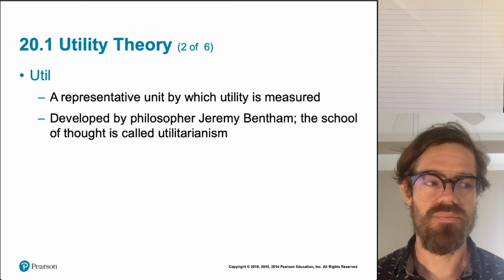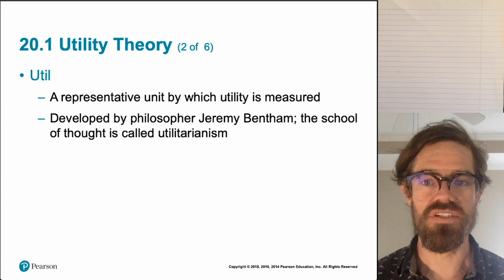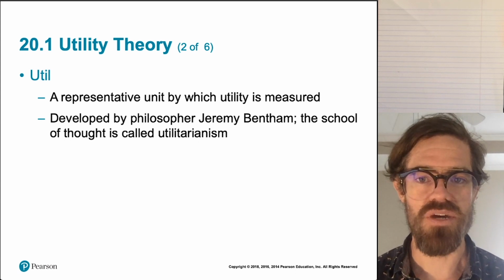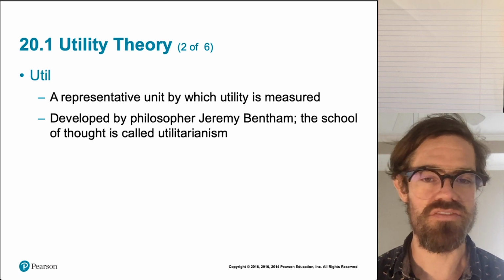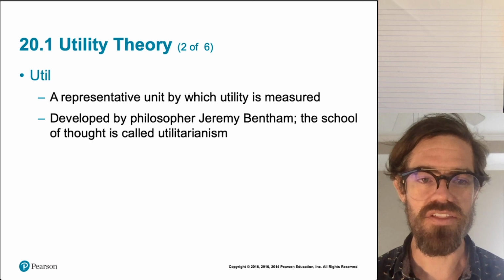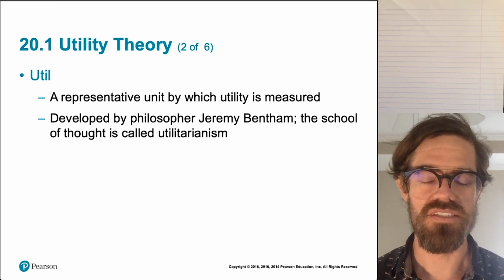All right, so we have a unit of measurement for utility called a util. Just like degrees Fahrenheit is a unit of temperature, and feet or meters are a unit of length, a util is the unit of utility.